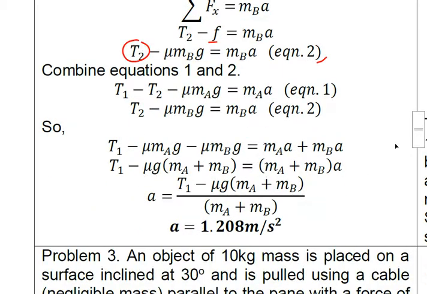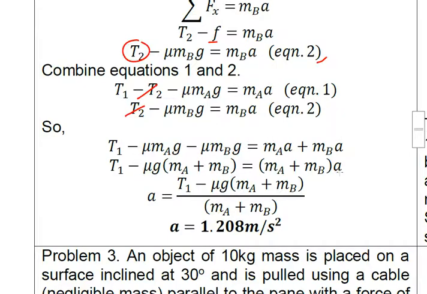So by adding, notice that T2 is positive in equation 2, then in equation 1 T2 is negative, so we could just eliminate them. So what will remain is T1 minus mu ma times g, minus mu mb times g, is equal to ma plus mb times a.